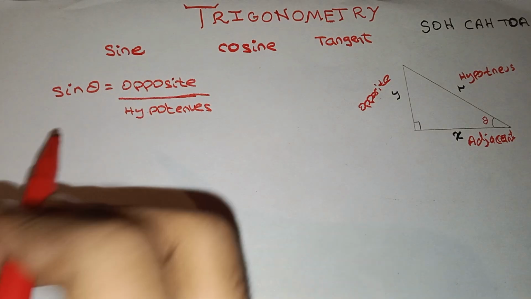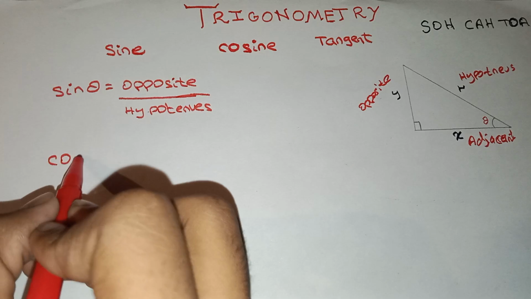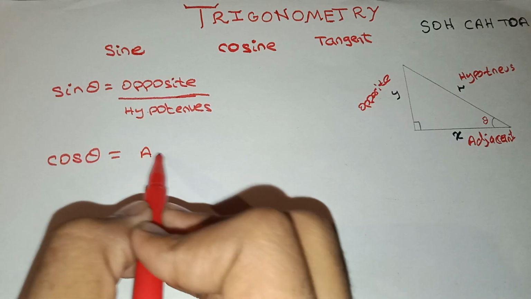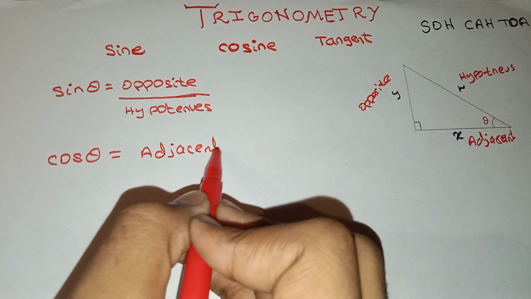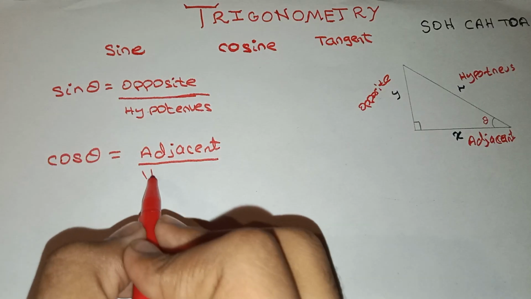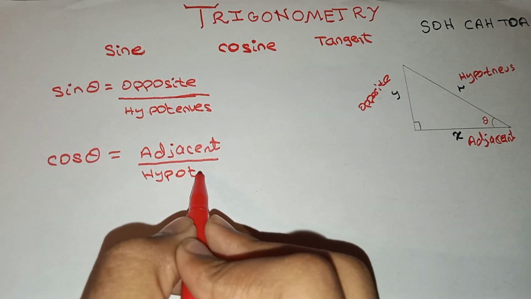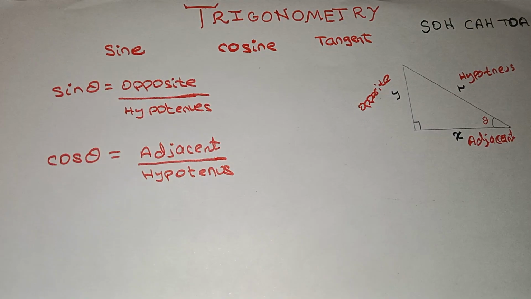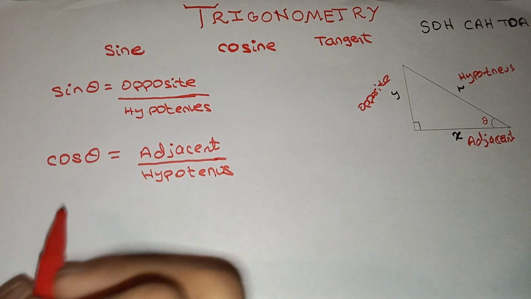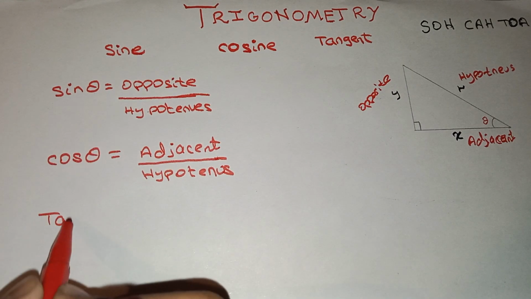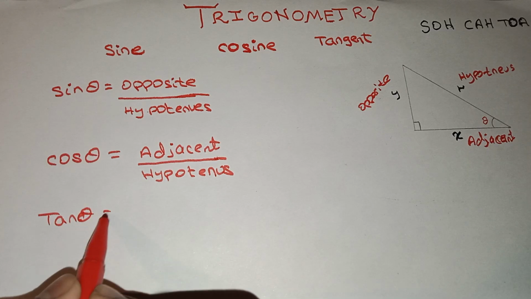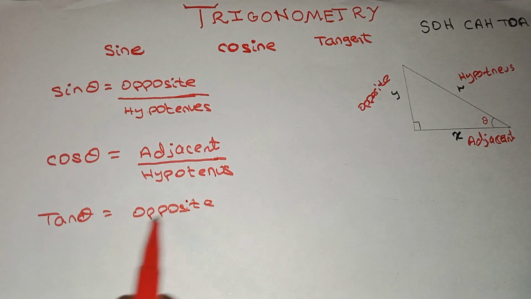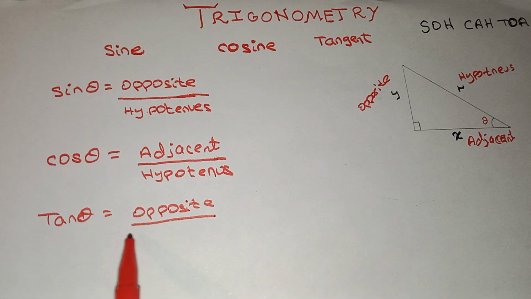Now let's move on to cosine, whose short form is cos. Cos theta equals adjacent upon hypotenuse. Don't worry, I will explain after writing. Sine, cosine, and now finally tangent: tangent theta equals opposite upon adjacent.